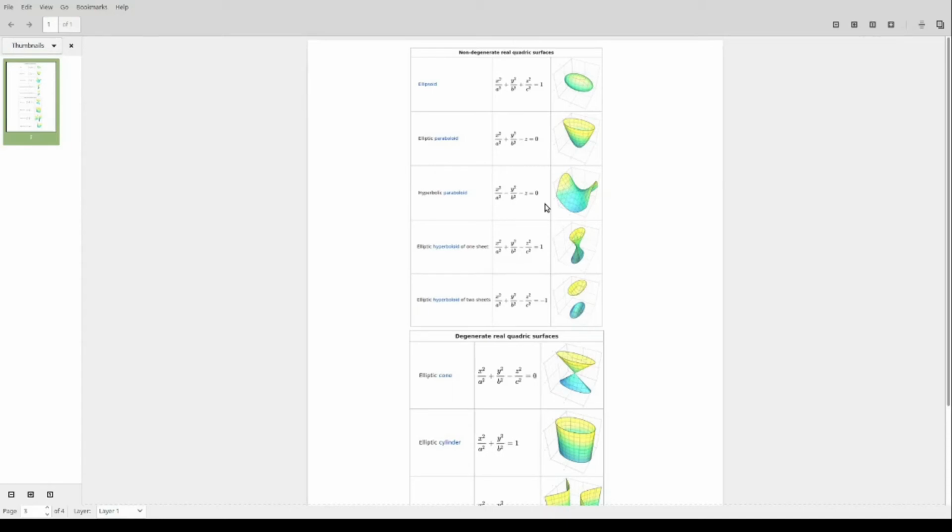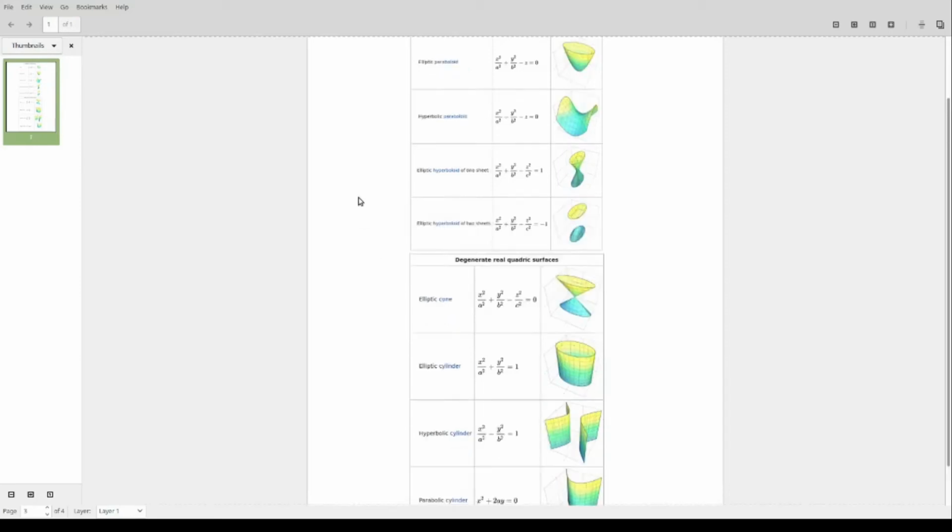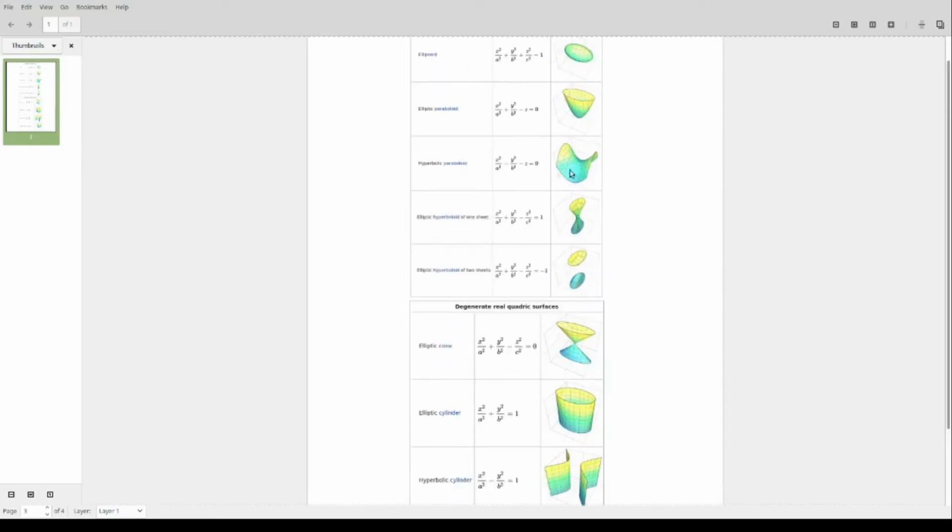You see that there are many different types of quadric surfaces. There are an elliptic cone, an elliptic cylinder, a hyperbolic cylinder, the hyperbolic paraboloid that we just did, and the elliptic paraboloid that we did in the example before.